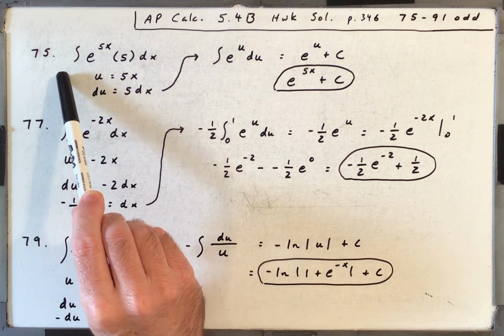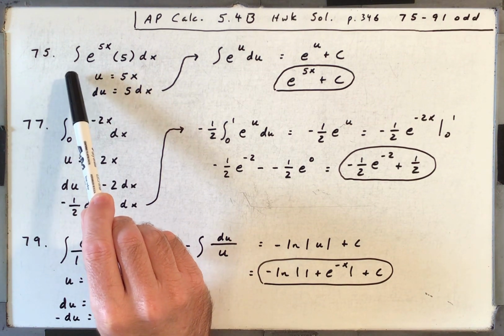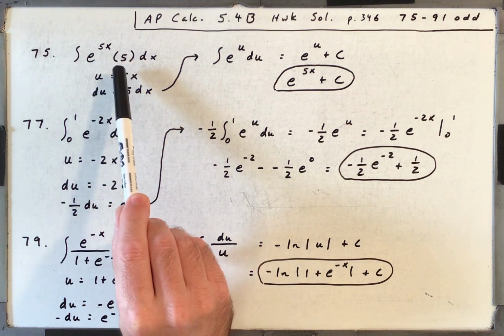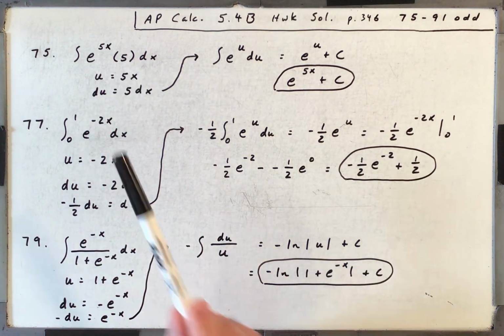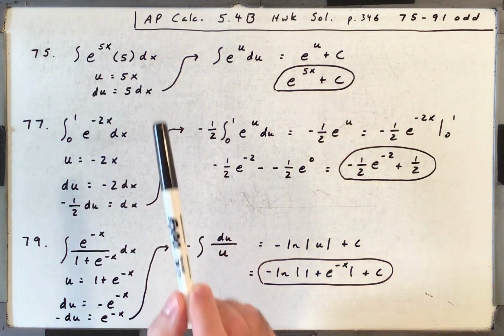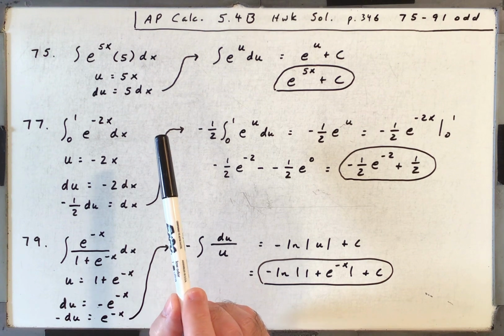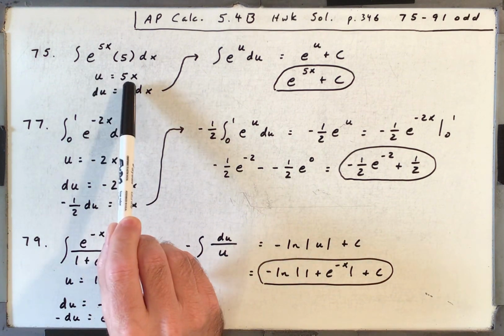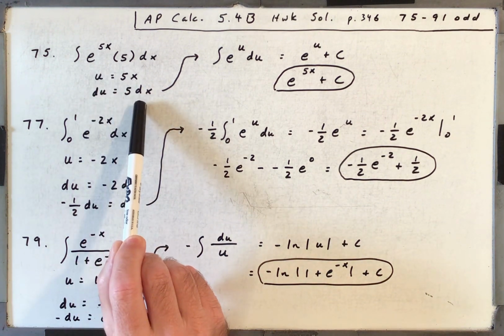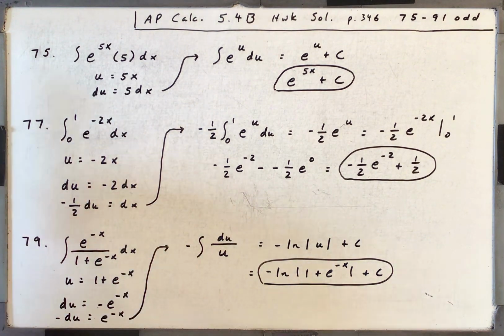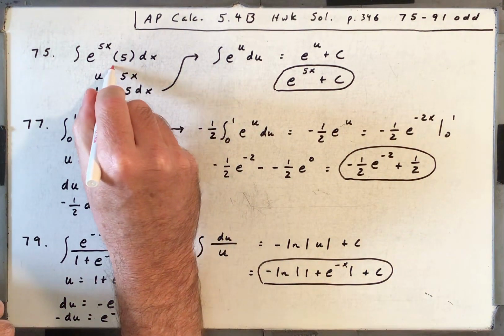So 75, we're to integrate e to the 5x times 5 dx. So usually, unless it's just e to the x, it's going to involve a u substitution. So if we let u be 5x, then du is 5 dx. That du is just sitting right in the problem here.